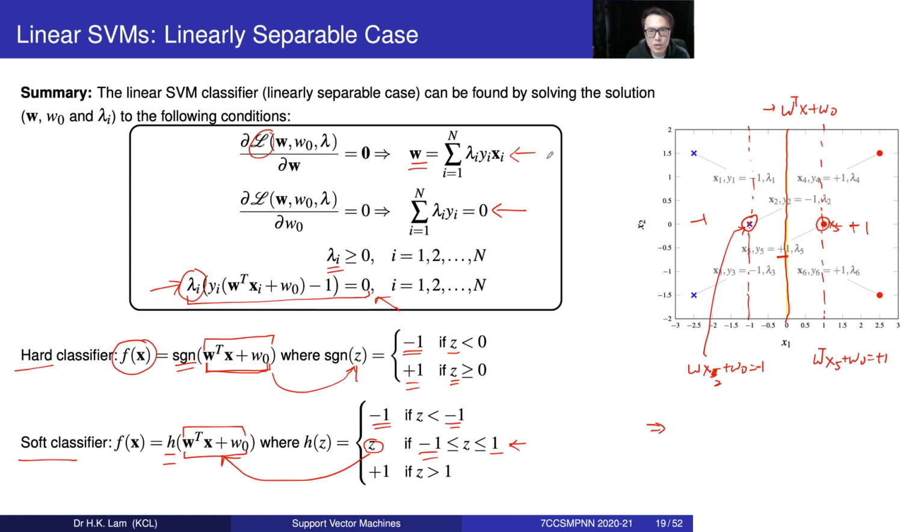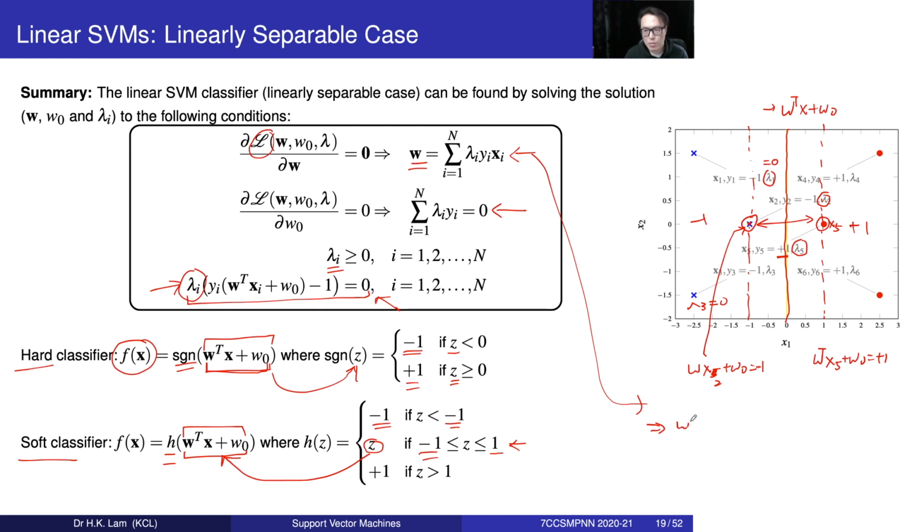According to this equation, we will find that lambda 1 is 0 and lambda 3 is 0, because they are non-support vectors. Only lambda 5 and lambda 2, these two, are non-zero.